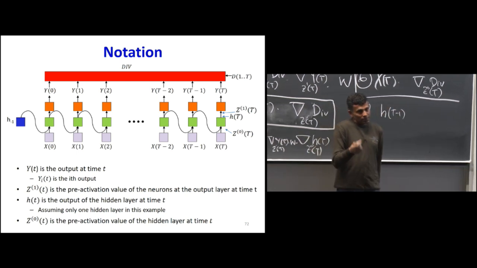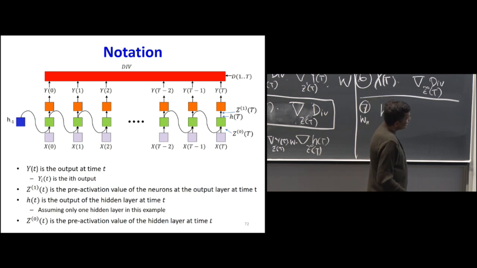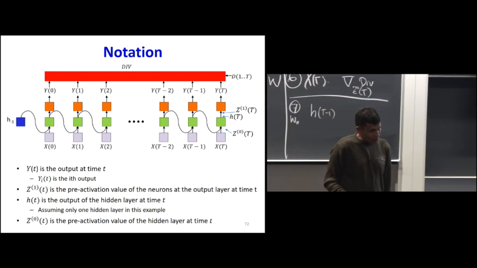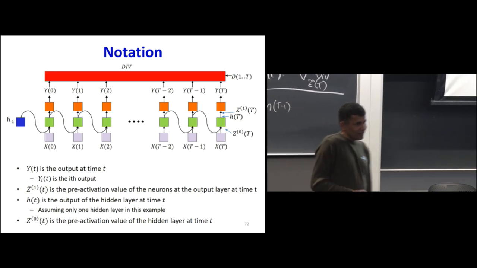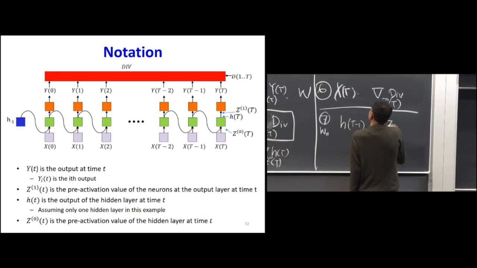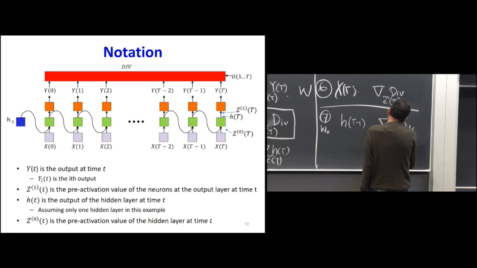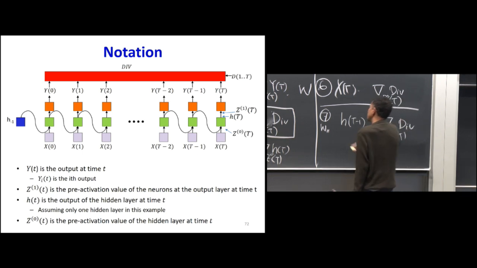Because that's the entrance times what? No. Jacobian z0 or the derivative of the divergence with respect to z0. That's not a Jacobian. This is going to be the derivative of the divergence with respect to z0 of t, right?